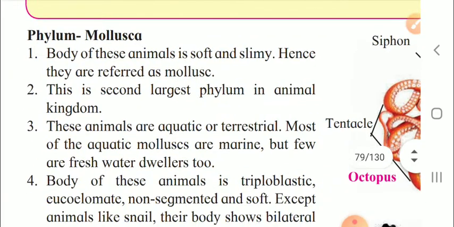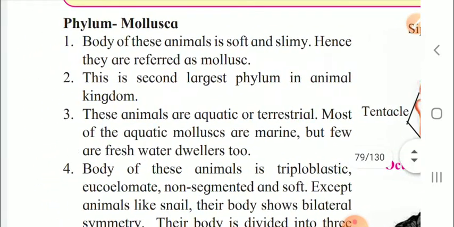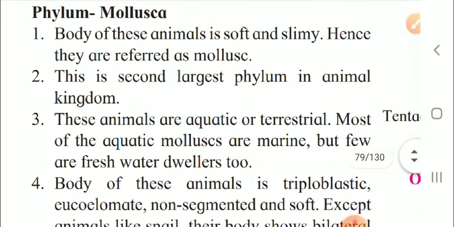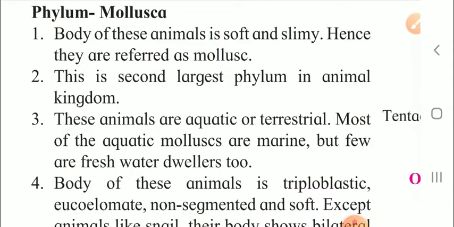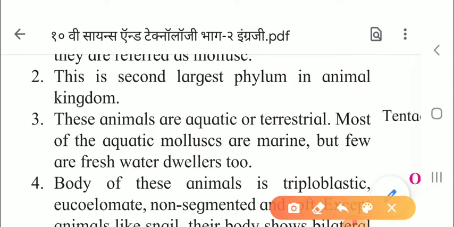Now we will start with the phylum Mollusca here.